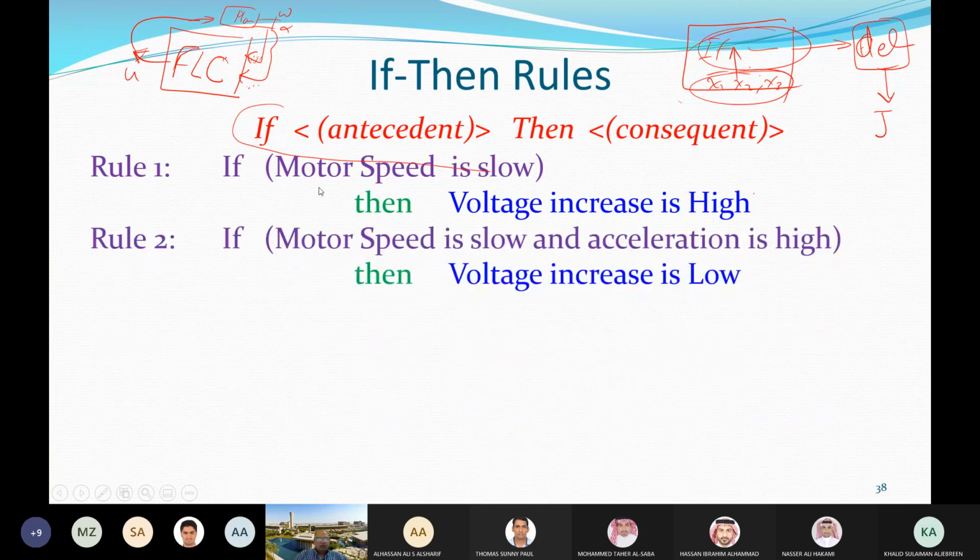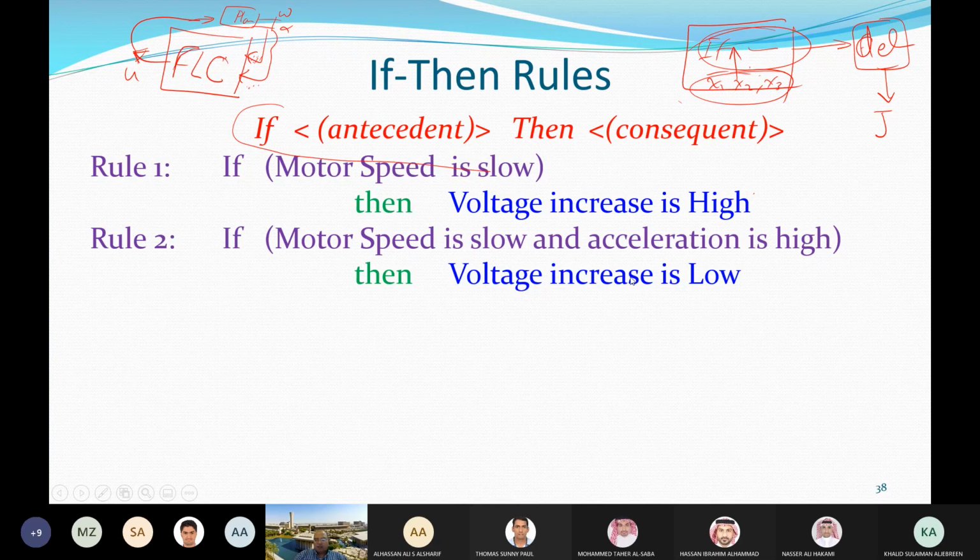You can have two linguistic variables in the antecedent part. If you measure the speed and also the acceleration, you can say if the motor speed is slow and the acceleration is high, probably you don't need to take any action. If the speed is slow but the acceleration is high, hopefully the high acceleration means the speed will grow up.